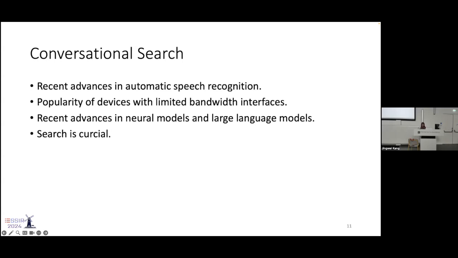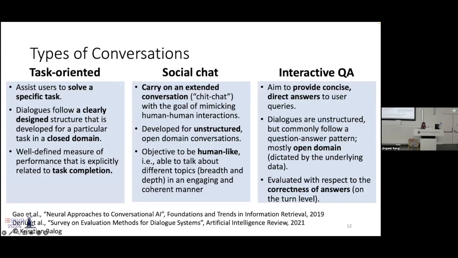And utilizing such advanced neural models and large language models, such as the transformer structures or LLMs, conversational search has achieved remarkable improvements in understanding and processing complex language patterns, which makes conversational search really crucial in this modern IR scenario.